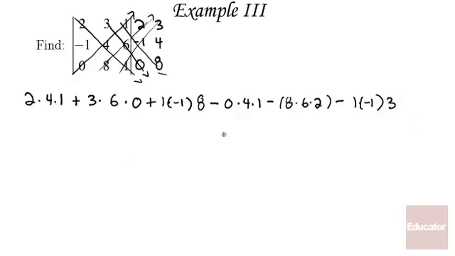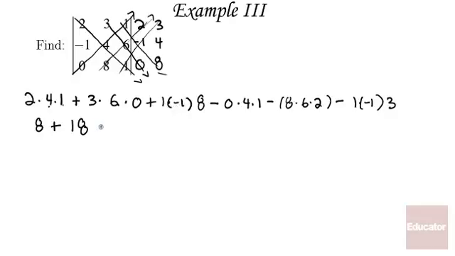Okay, then it's just working out all the arithmetic and making sure that you don't make any errors. 2 times 4 times 1 gives me 8, plus 3 times 6, that is 18. Then, 1 times negative 1 is negative 1 times 8.